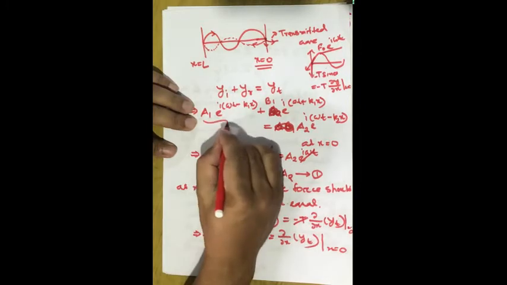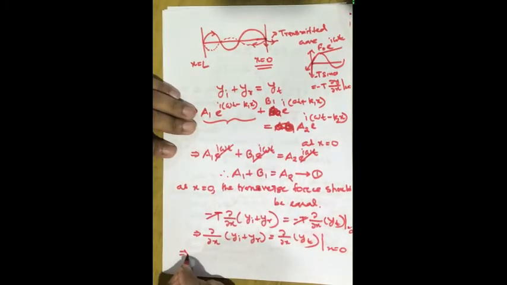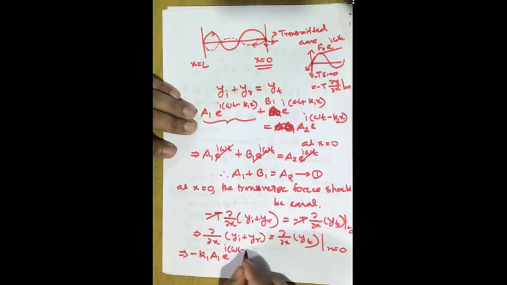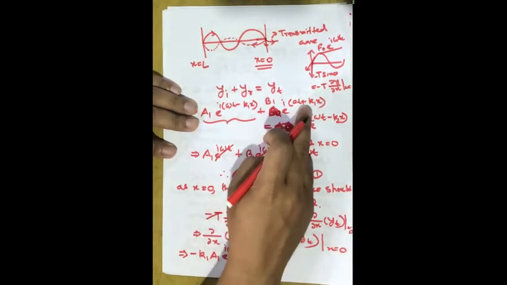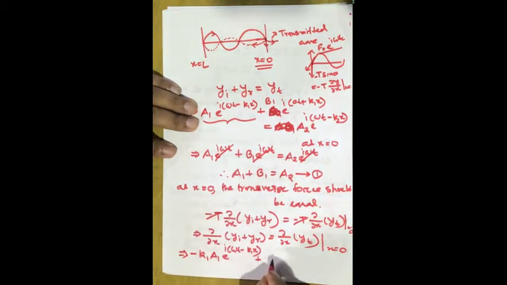Okay, so if we differentiate this expression with respect to x, what we will get: minus k1 into a1 e to the power i omega t minus k1 into x, very simple, plus, now this will be plus k1, so that value will be k1 into b1 e to the power i omega t plus k1 into x.